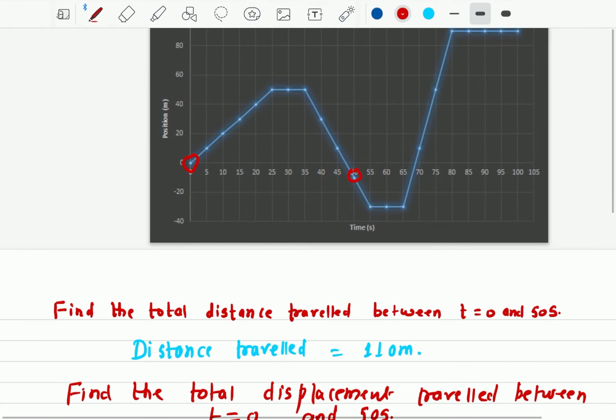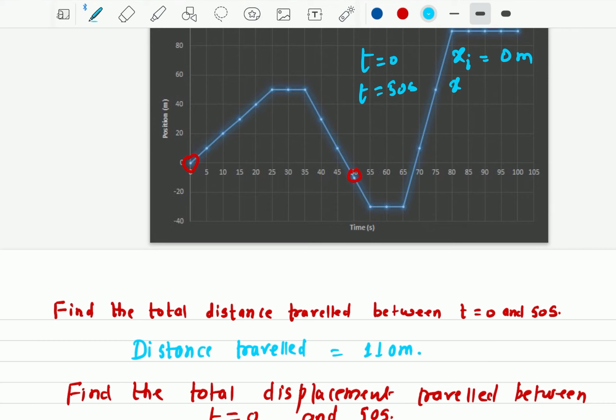At time equal to 0, my initial position is 0 meters. That was our starting point. And at time equal to 50 seconds, that is my final position, and if you look at it, it is minus 10 meters.